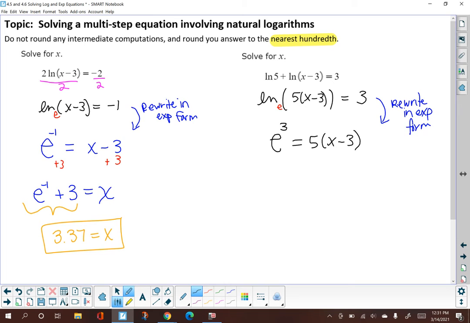Again, our goal is to solve for x, so we can just use some simple steps to get that x by itself now. We can divide by 5. So we get e to the third over 5 is equal to x minus 3. And then our last step, of course, would be to add 3 to both sides.